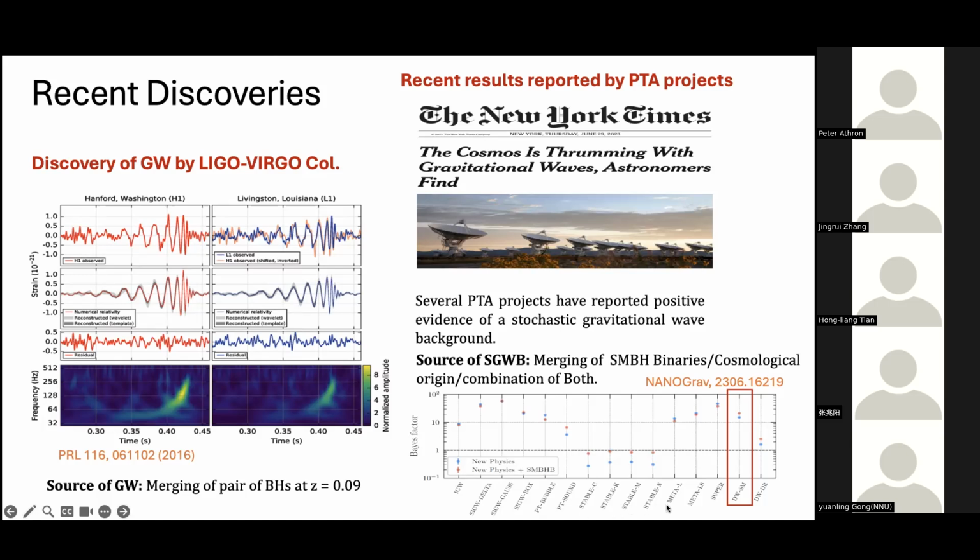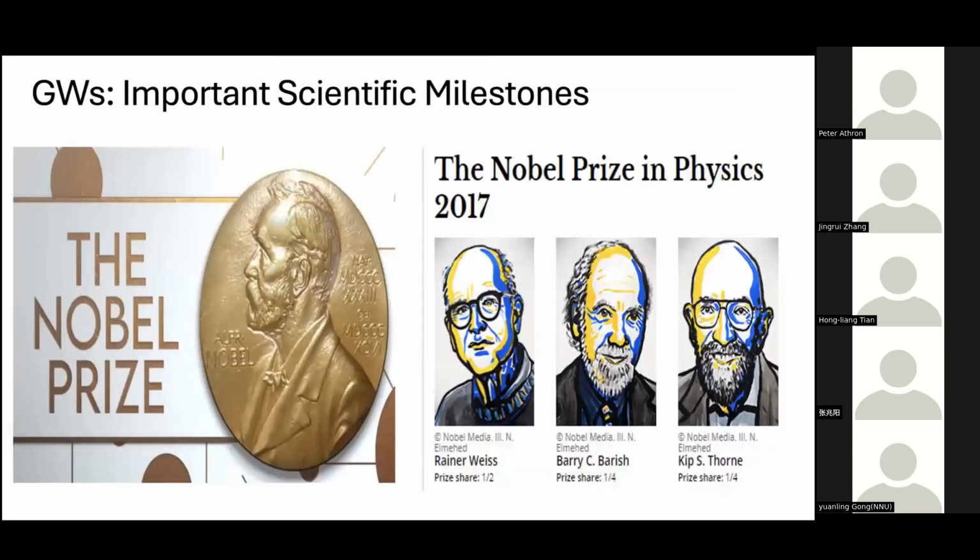It can also be generated from domain walls. So it suggests that the source of the gravitational wave was from high energy, high scale physics. Now, again in 2017, the discovery of gravitational waves earned a Nobel Prize.